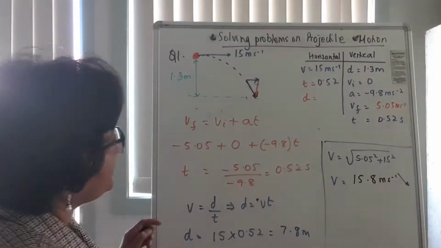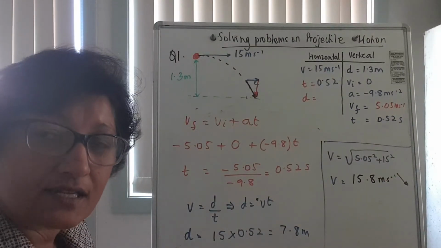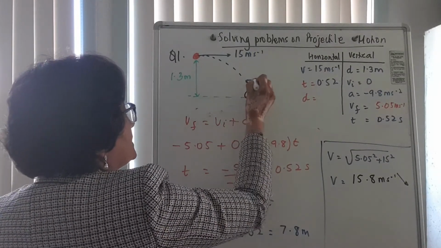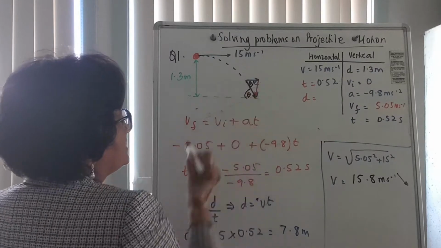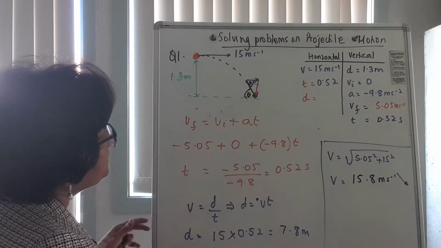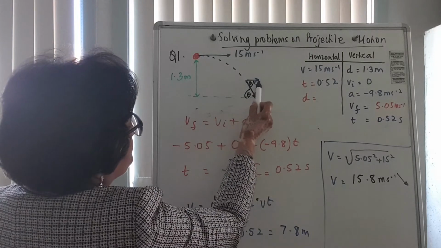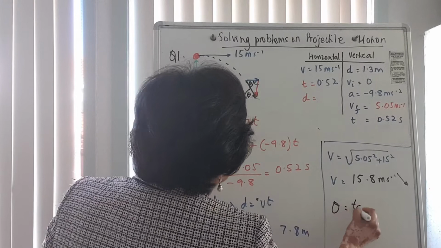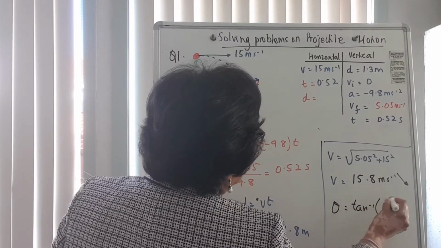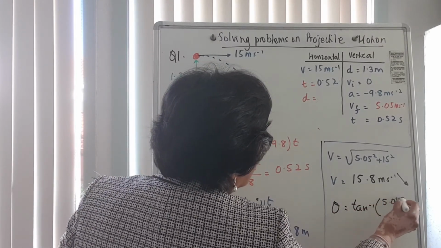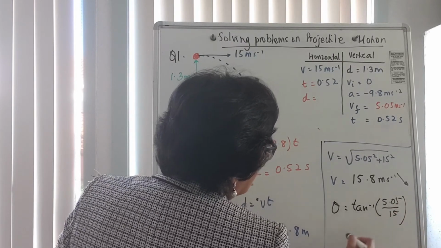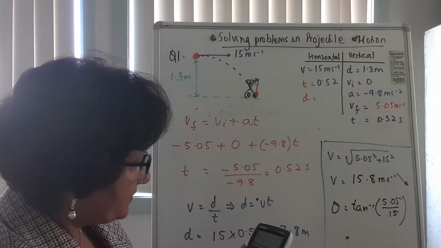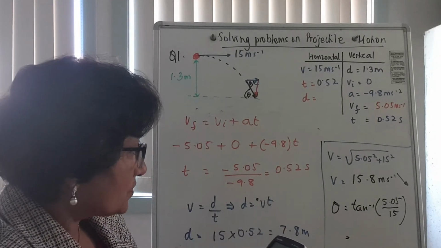Now, because it's a vector, we are often asked to calculate the angle it makes with the horizontal. So these two are alternate angles, so they're equal to each other. So I know this vertical and I know the horizontal, so I can get theta as tan inverse of the vertical velocity, which is 5.05, divided by the horizontal velocity, and that will give me the angle it makes with the horizontal when it hits the ground.